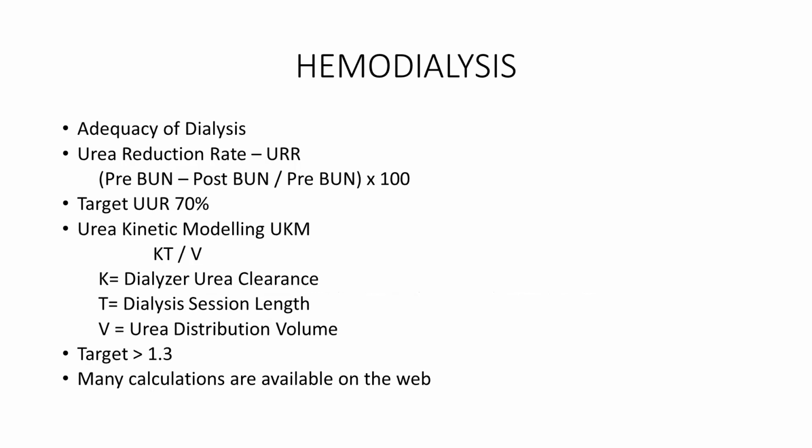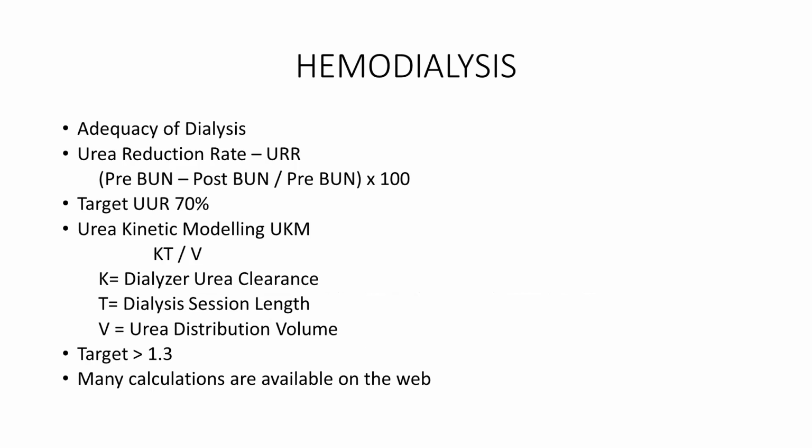Now, how do you check the adequacy of dialysis? A very simple method is urea reduction. This is how much urea you remove from each dialysis session. What you do is you subtract the post-dialysis BUN from the pre-dialysis BUN, then divide it by the pre-dialysis BUN and multiply by 100. The target urea reduction ratio should be around 70%.